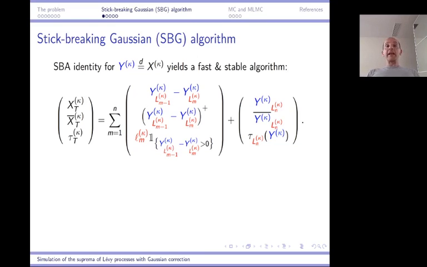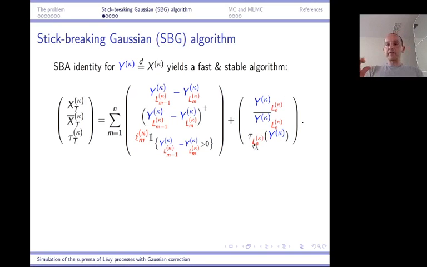And so our main idea is to apply the stick-breaking approximation to the Gaussian approximation, right? Because the stick-breaking approximation holds for all Lévy processes, I can apply it here. I get exactly the same representation as before, right? Now all these increments are sampleable because they're the increments of the Gaussian approximation. But now I can also sample this guy.